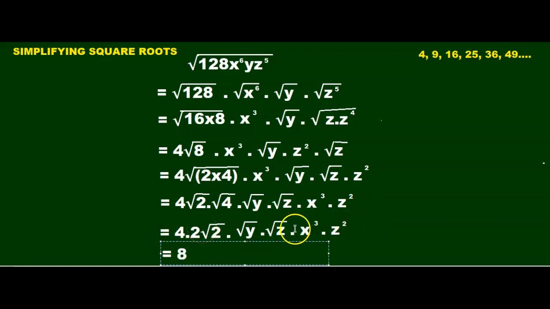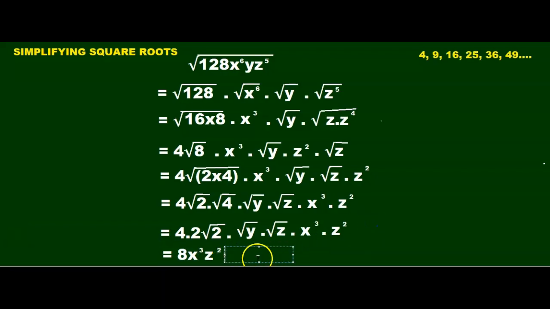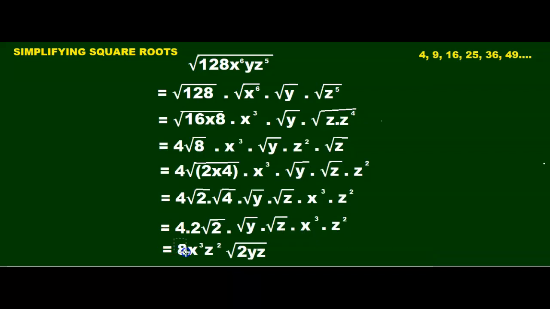And I'm going to put my x cubed and z squared in front of my radical as well. So I'm going to put x cubed times z squared. And we can finally finish up with our terms in the radical, which is 2yz. And that's how we solve that.